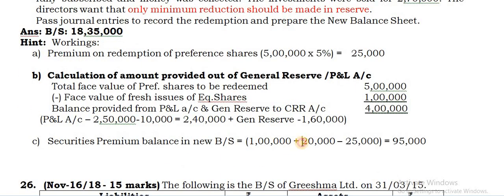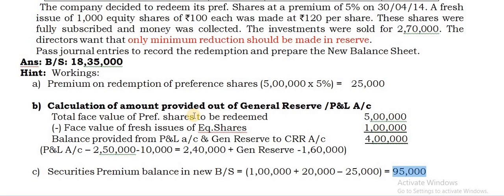So 1 lakh plus 20,000 is the total amount available in the securities premium. In that, 25,000 is used for paying the premium on redemption of preference shares. So minus that 25,000, the balance you get is 95,000. Now this is the amount to be shown as the securities premium in the new balance sheet.